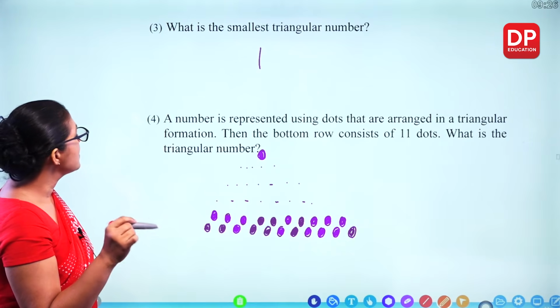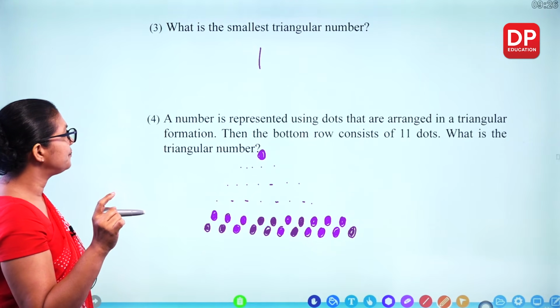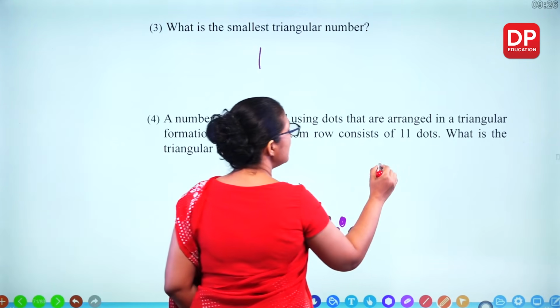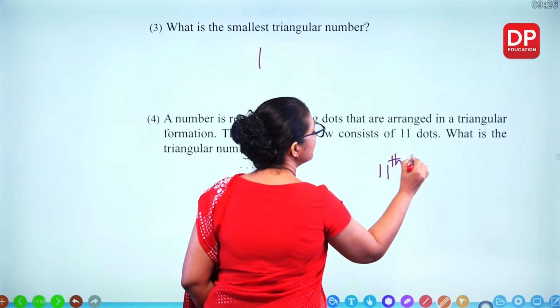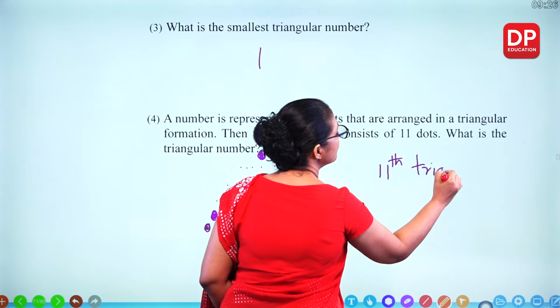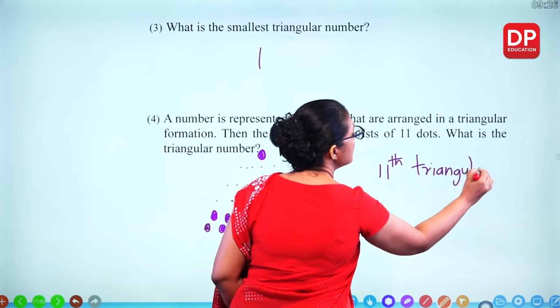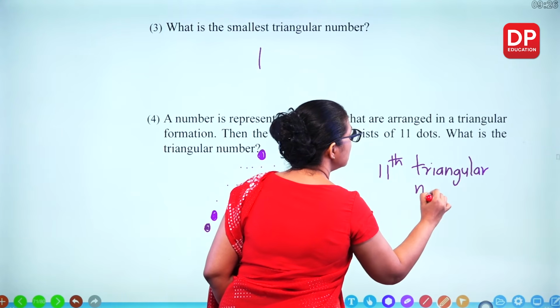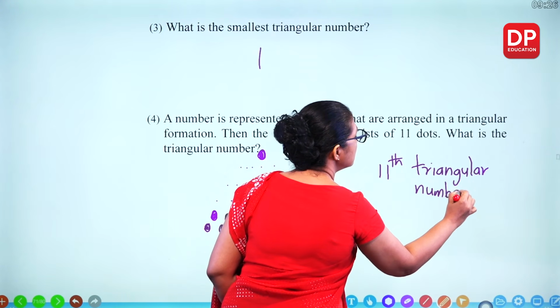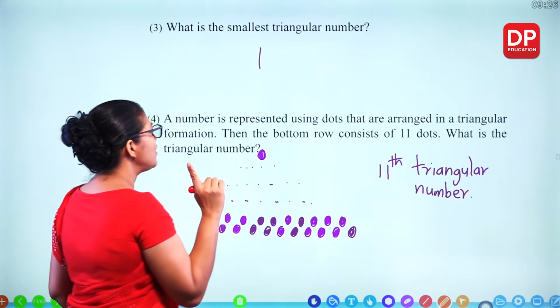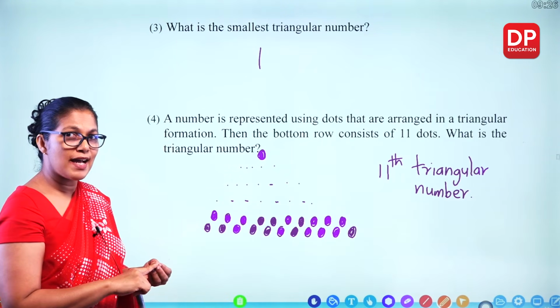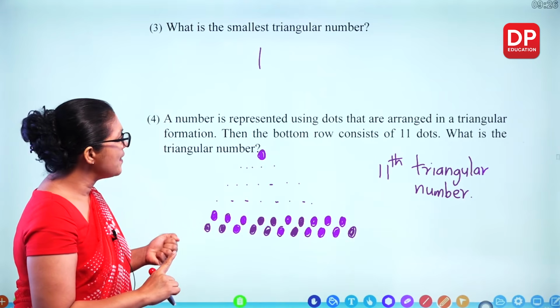So what is the triangular number? That's the 11th triangular number. So how many dots are there? We found a pattern for that. So what's the number there?